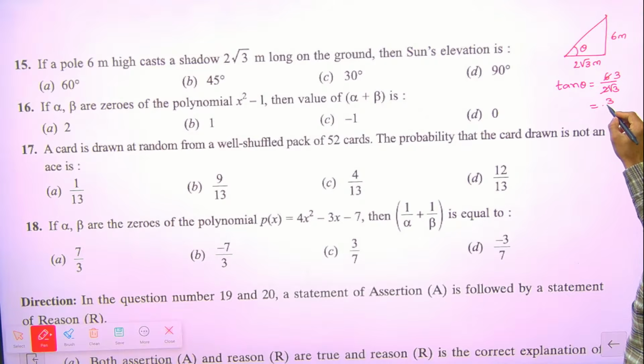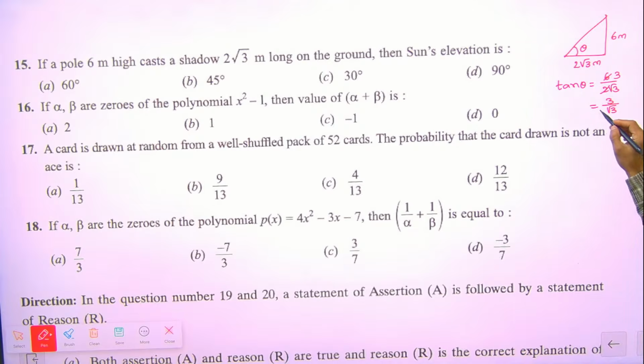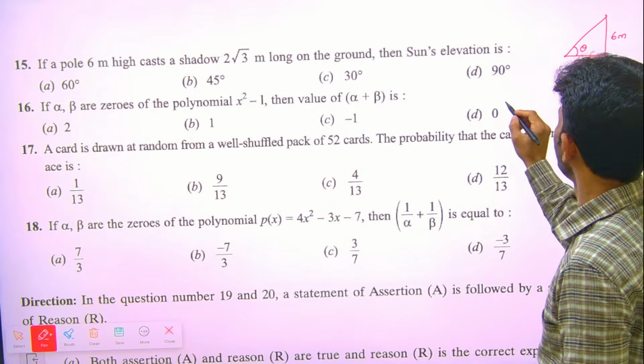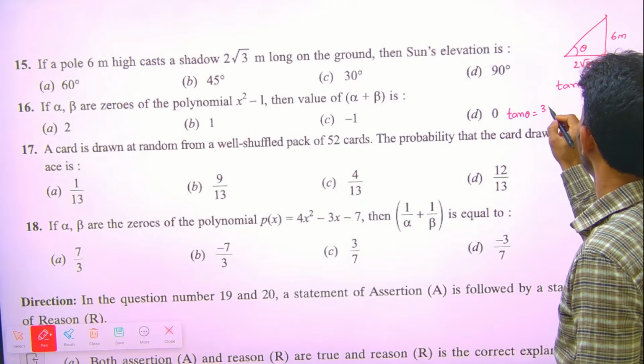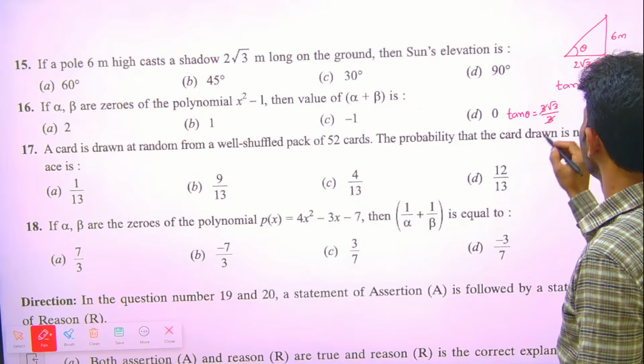So it is 3 by root 3. 3 by root 3 is not there in the table, no? So we multiply root 3 in the numerator and denominator. So we get tan theta is equal to 3 root 3 by root 3 into root 3, which is 3. 3, 3 cancel. Tan theta is equal to root 3.